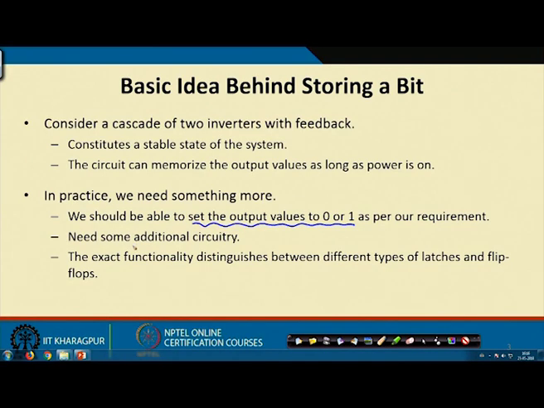For that purpose, we need some additional circuitry. Depending on what kind of additional circuitry you are using and the exact functionality of your circuit, we can distinguish between various kinds of latches and flip flops, and we shall be discussing this in our subsequent slides.